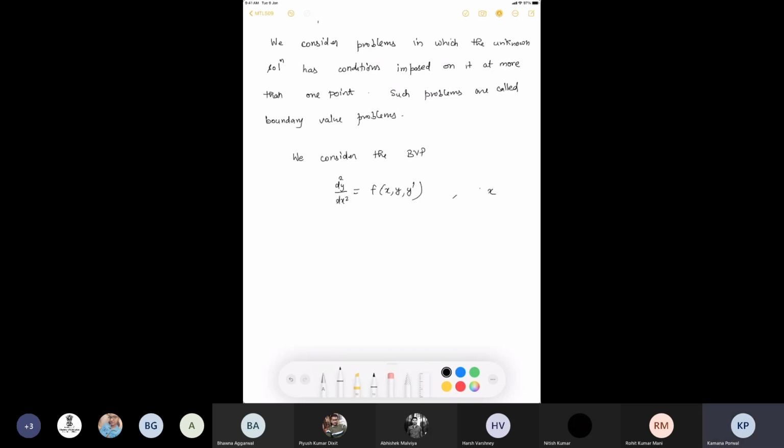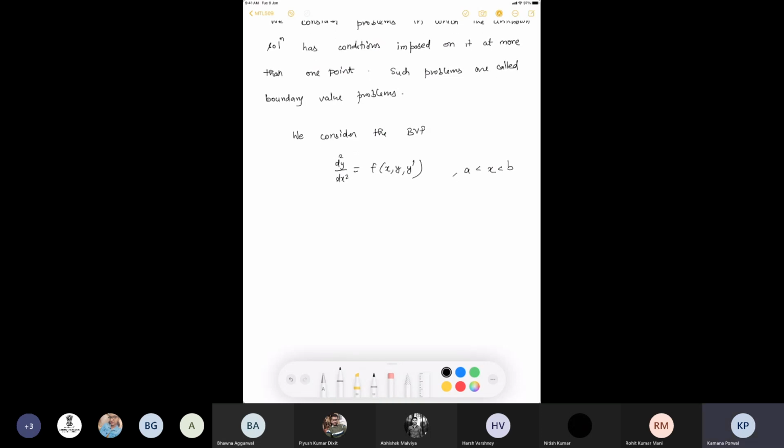And let's say x belongs to some interval [a, b]. Okay. And the boundary conditions are y at a equals ya and y at b equals yb.